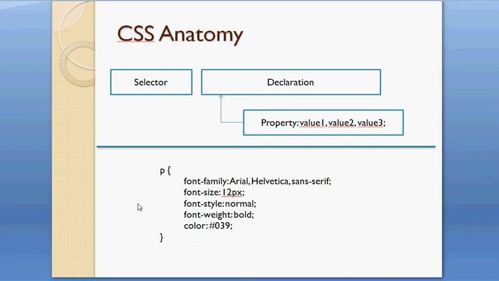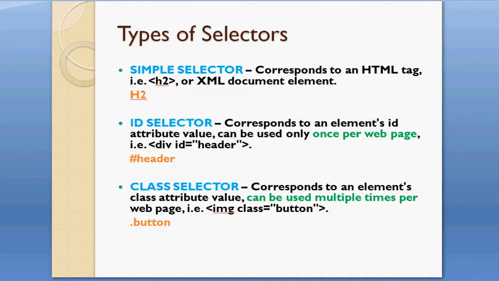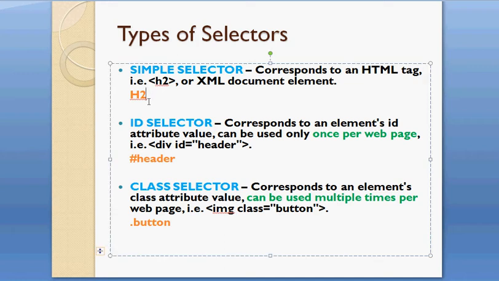So you get the picture here. The first one is a selector, then this is the property, and these are the values. When you define more than one property, each one ends with a semicolon. There are different types of selectors. A simple selector is like a plain HTML selector. An ID selector can be used only once, like when you define the CSS layout, like body or wrapper.